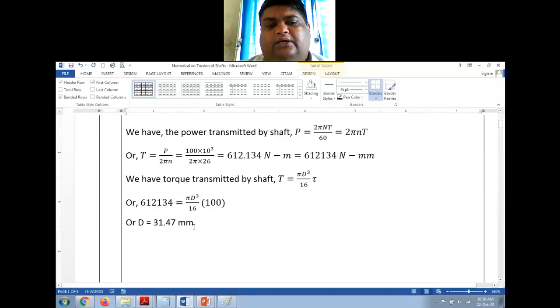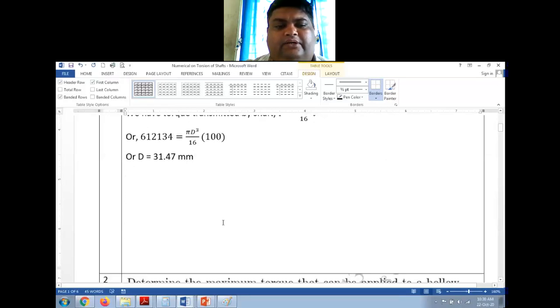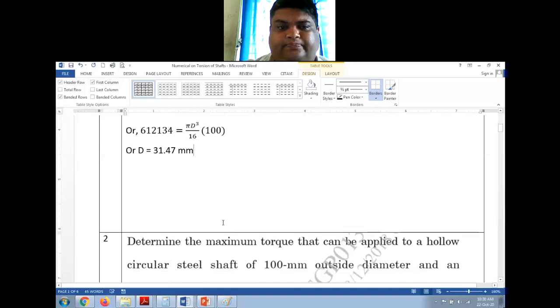Because shafts need to be supported by bearings, and bearings are available in standard sizes, and the shaft sizes are made available according to that. So we have to use standard size of shaft. For now, you can just leave it like this.